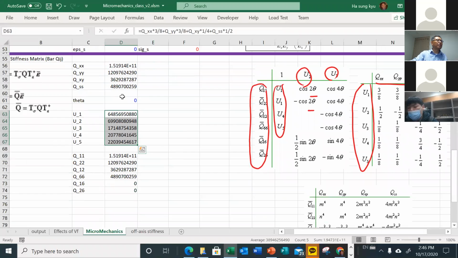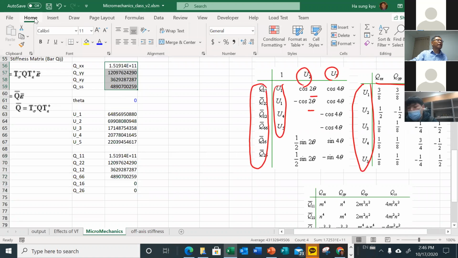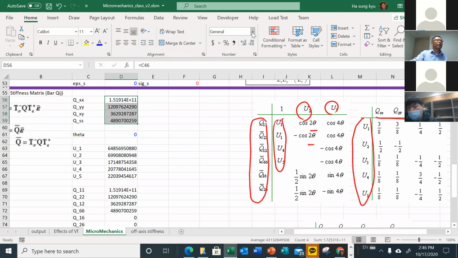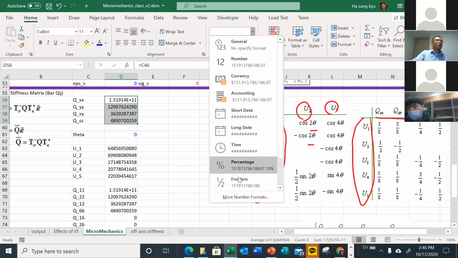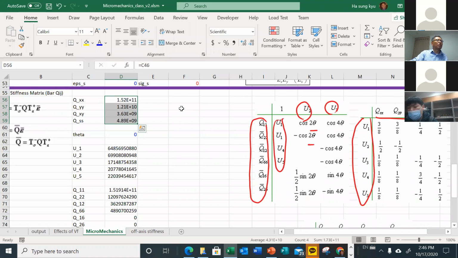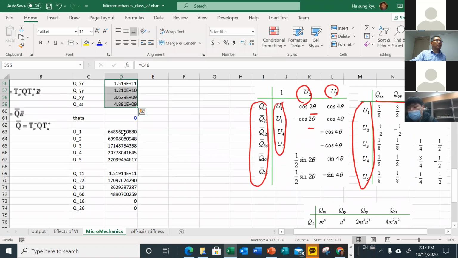And as you can see, if I enter theta equals 0, please compare this term and that. They should be exactly the same, right? If they are not, something is not right, something is wrong. So when we program, we always need to debug and check like that.